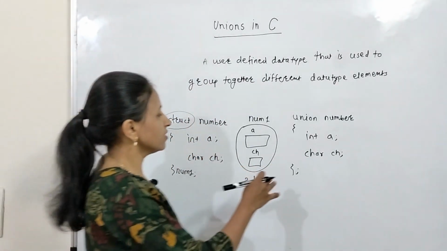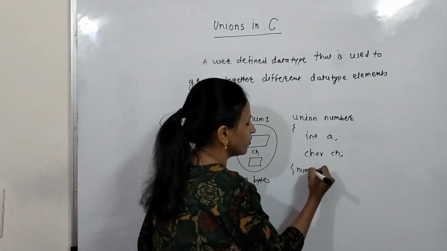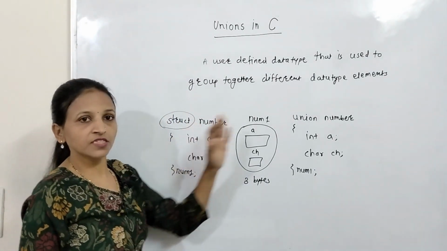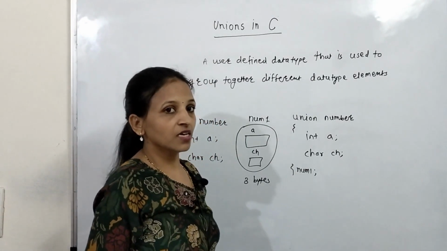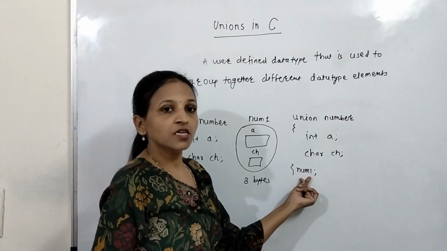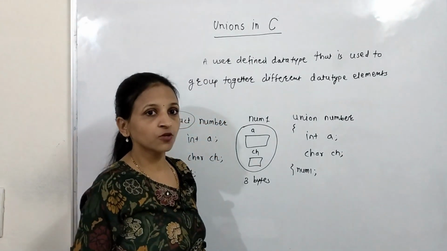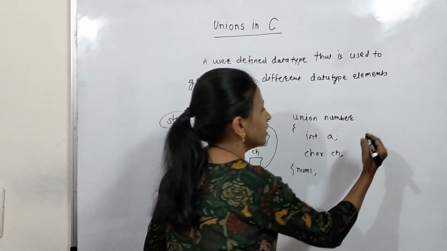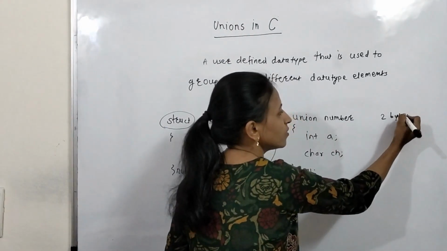Suppose we have created one variable of that union number, let it again be num1. Now here, instead of a structure, you are using this union concept, then what will happen? Inside memory, whenever the space is going to be reserved for this num1, how many bytes will get allocated here? Only 2 bytes for that num1.